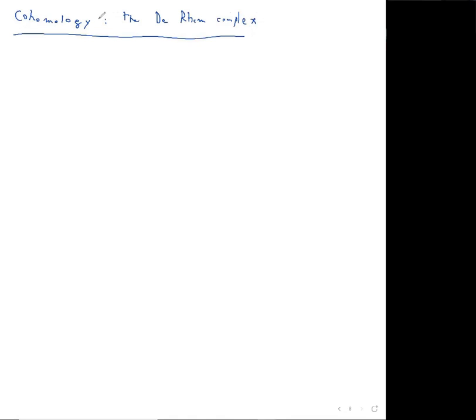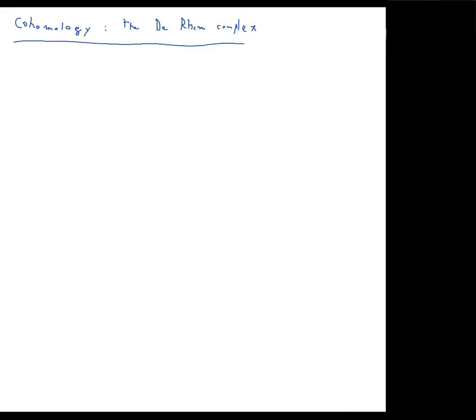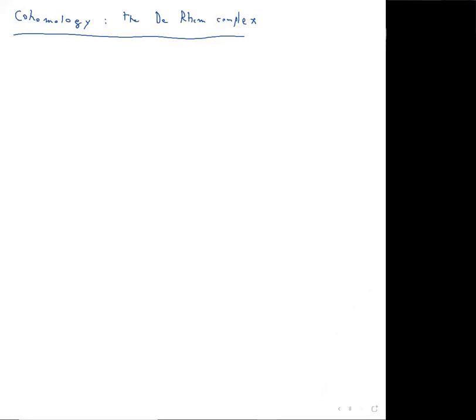So what I mean by this is that we're not just going to do the de Rham cohomology, which you already know. We're going to do cohomology in general, and then see how the de Rham complex is a special case of these general facts about cohomology. So I definitely think this is the most interesting part of the course, not necessarily the most challenging yet.